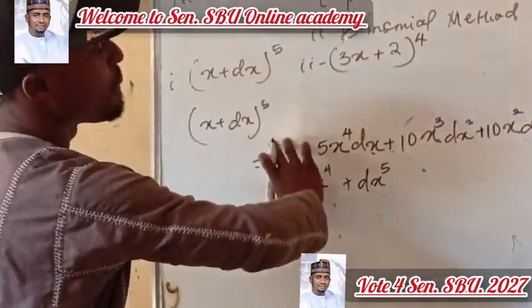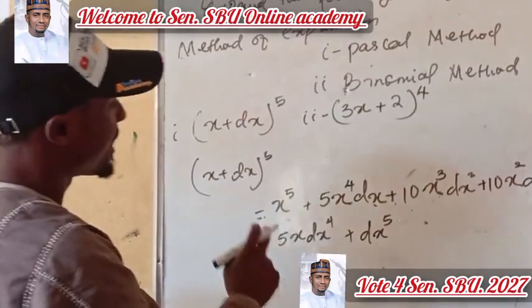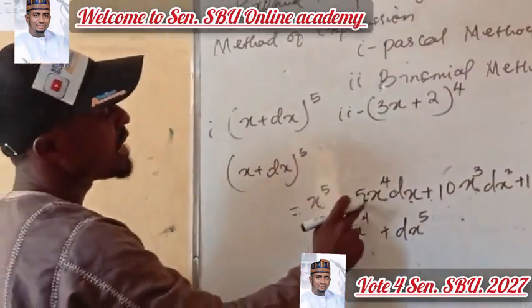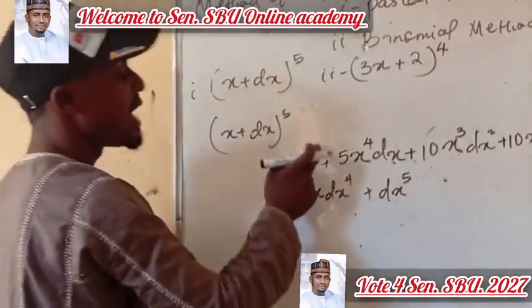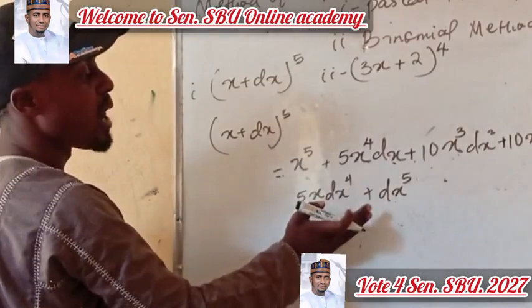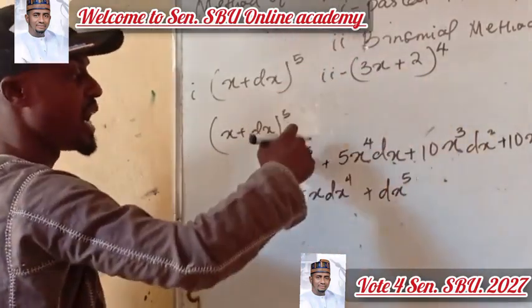This is the Pascal method of expanding this bracket. x raised to power 5 plus 5x raised to power 4 dx. The only rule is that as you are moving like this, x will be decreasing by 1 and dx will be increasing by 1.